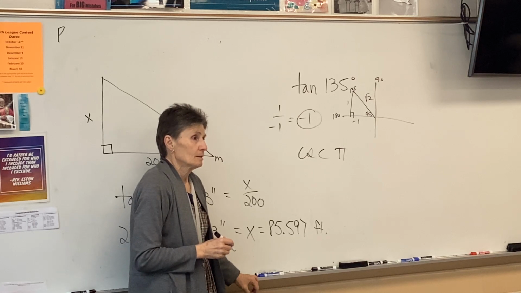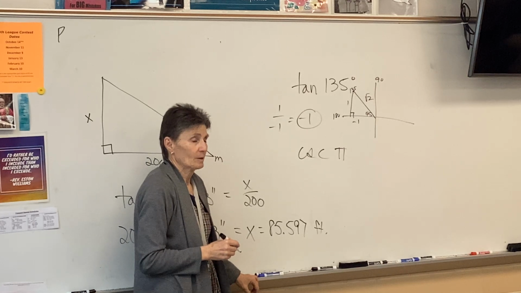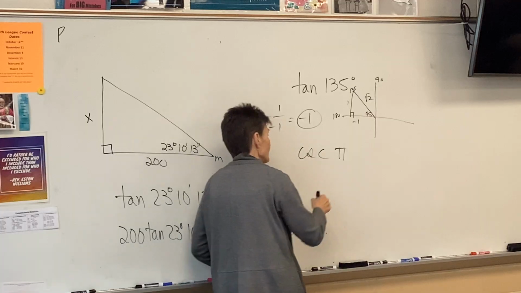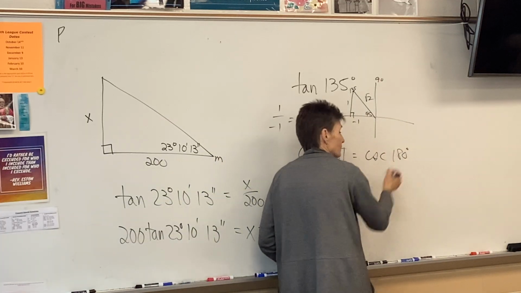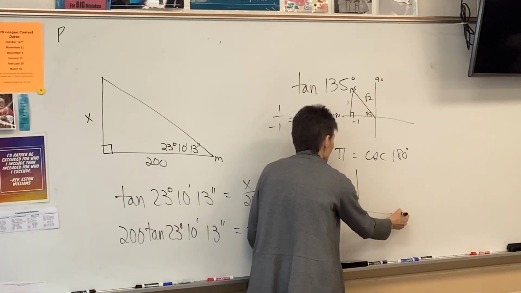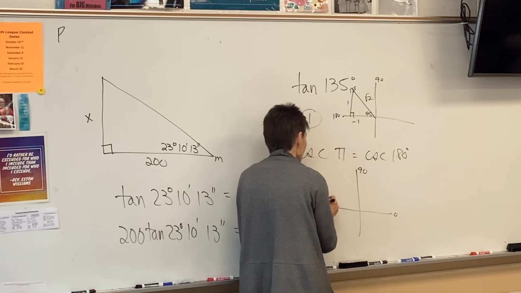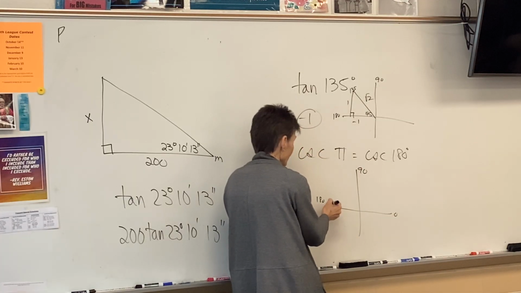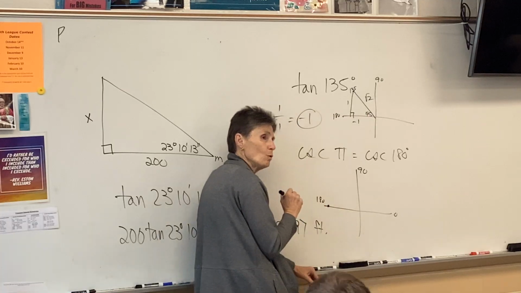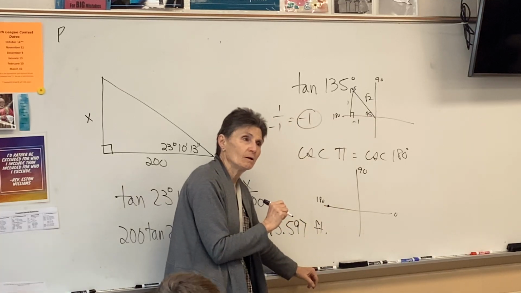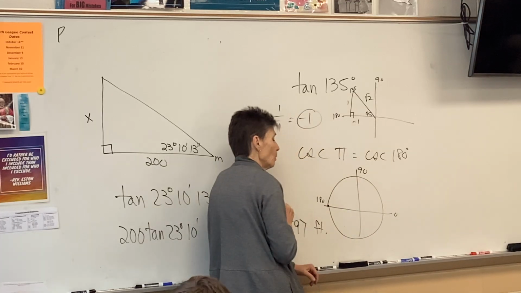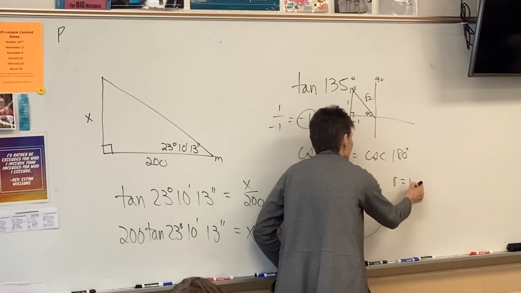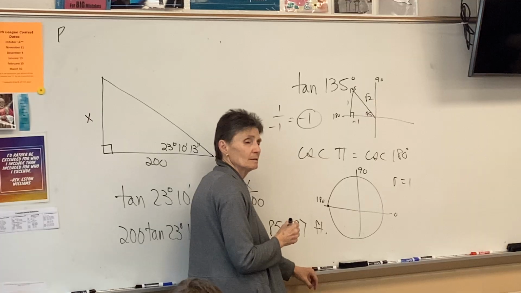Oh, so it's going to be cosecant pi. All right, first thing you might want to do is think of pi as 180, right? So when I go to draw that, you don't have to, either way it's going to be right here. I don't make a triangle, I make a circle with a radius of 1.